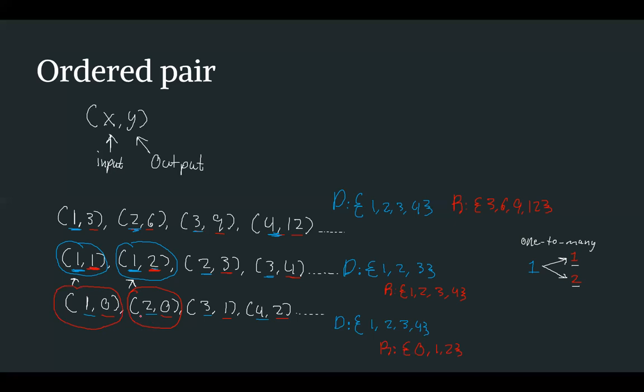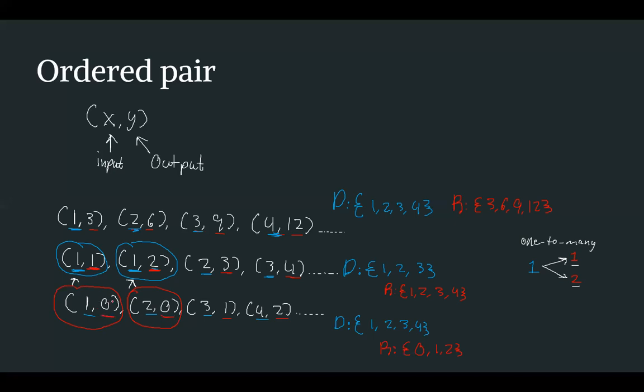As you can see, the inputs are completely different. They're completely unique. Like we have 1 and 0, then for the next ordered pair, 2 and 0. However, look at the output. It's 0 and 0.